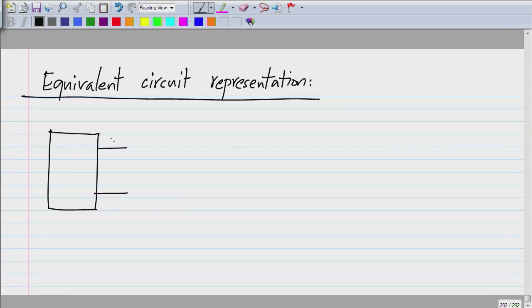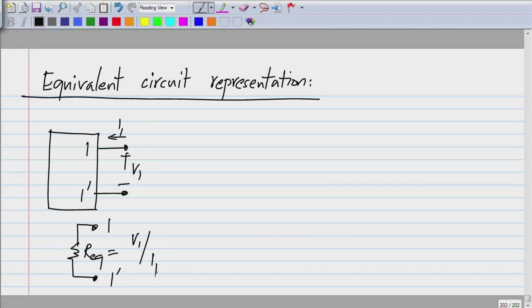If I have a single pair of terminals, then we know that this I1 will be linearly related to V1, and at these two terminals we can always represent any linear one port with an equivalent resistance. This Req will be nothing but V1 by I1, and we can also find the conductance if we want.